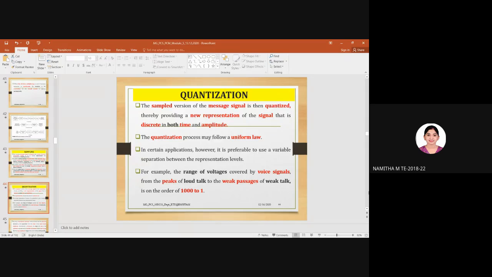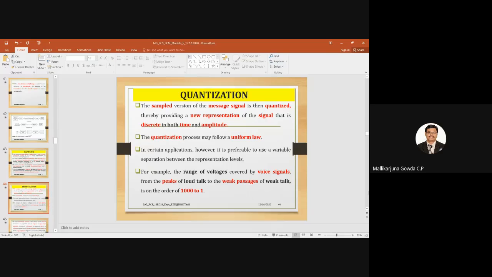Sir, you have to map the continuous values. What will the quantization process do? Is it going to discretize the amplitude of the signal? Yes, sir, the amplitude of the signal only it will discretize.